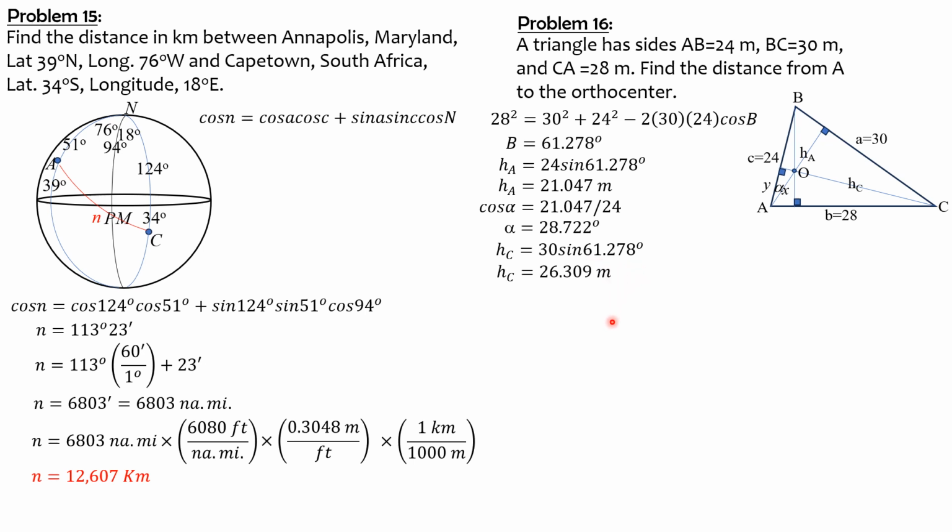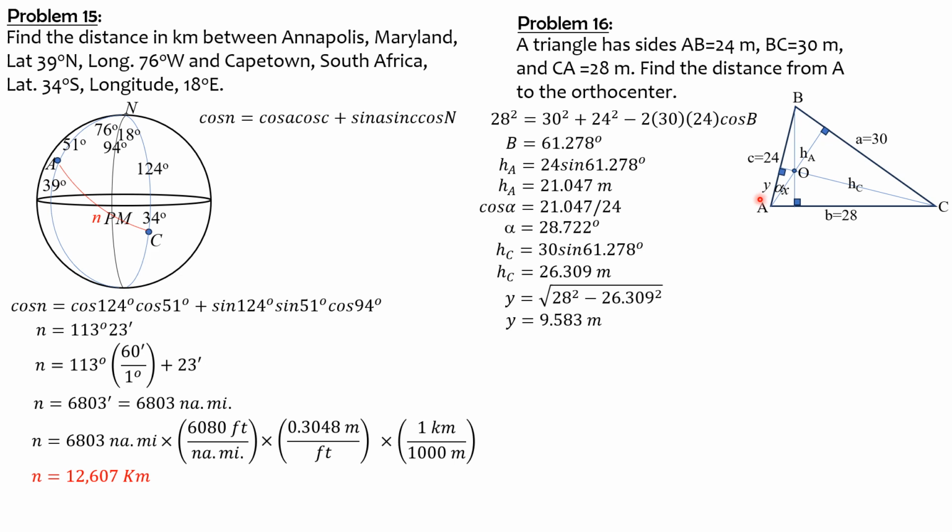So H sub C is 26.309 meters. Then, in this right triangle here, we can solve for Y by the Pythagorean theorem. The hypotenuse is 28. So Y is the square root of 28 square minus H sub C square, which is 26.309 square. So Y is 9.583 meters.